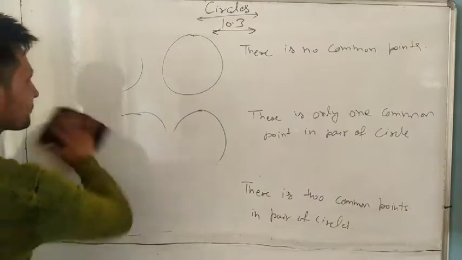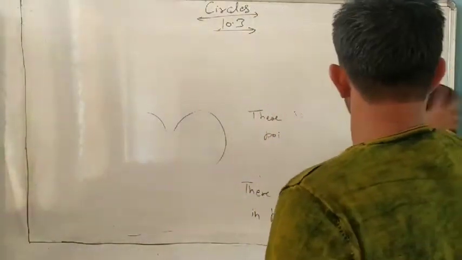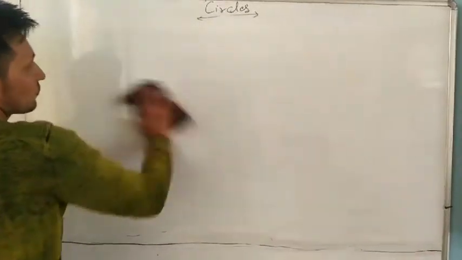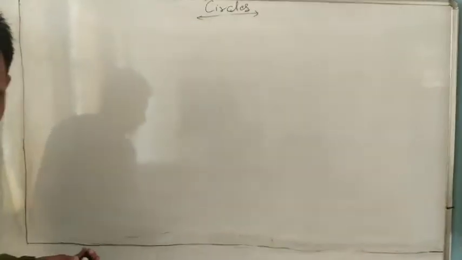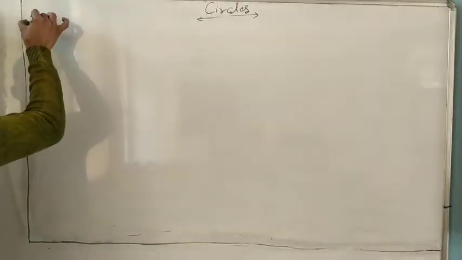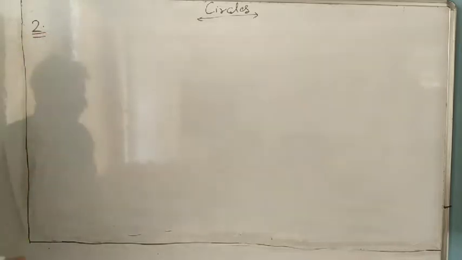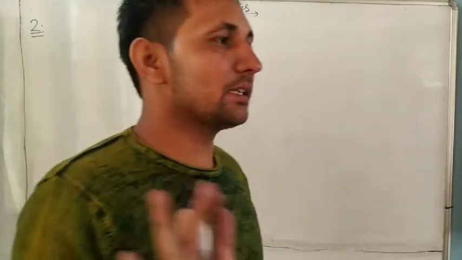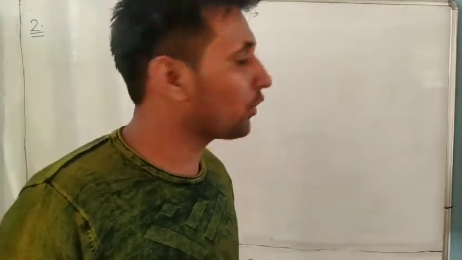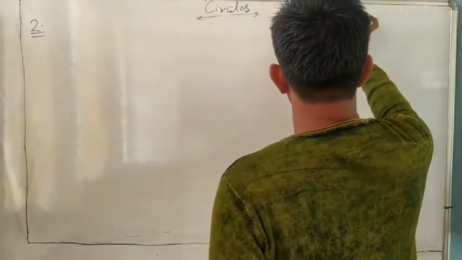Next is question number 2. Suppose you are given a circle, and give a construction to find its center.